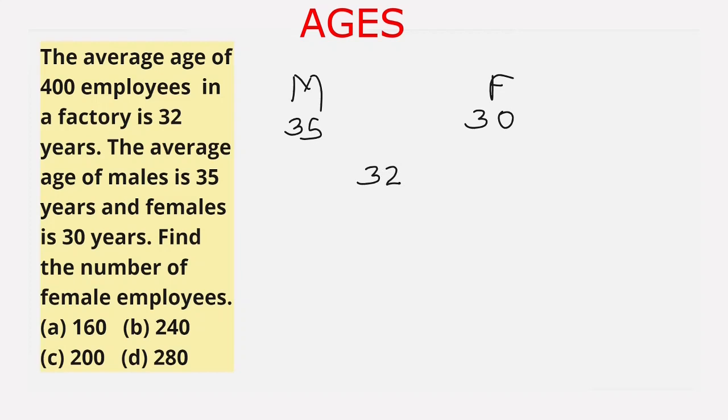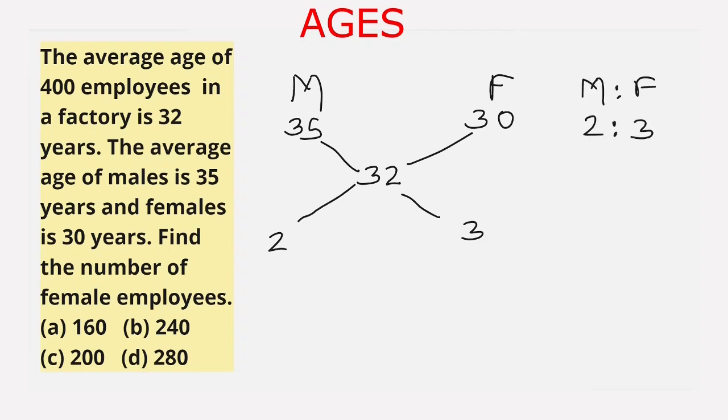So if we subtract 32 from 35, we get 3. And if we subtract 30 from 32, we get 2. And from here we get male ratio female is 2:3. So 2 plus 3 is 5 and 400 divided by 5 is 80.